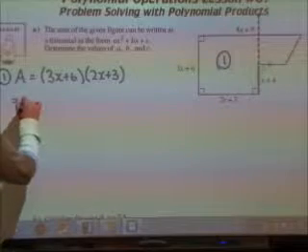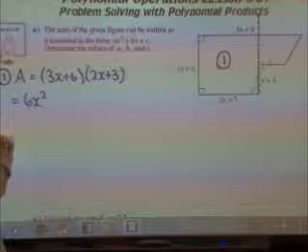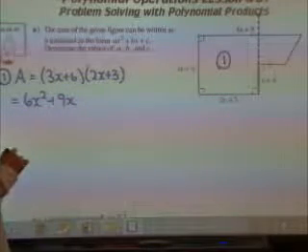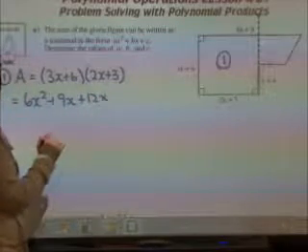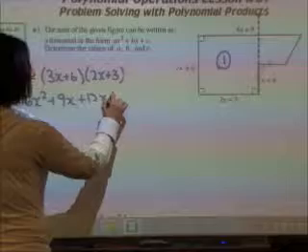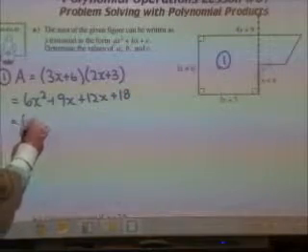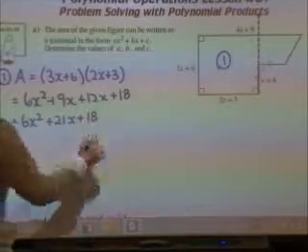Okay, 6x squared plus 21x plus 18. Then I can collect my like terms, and I have 21x plus 18.